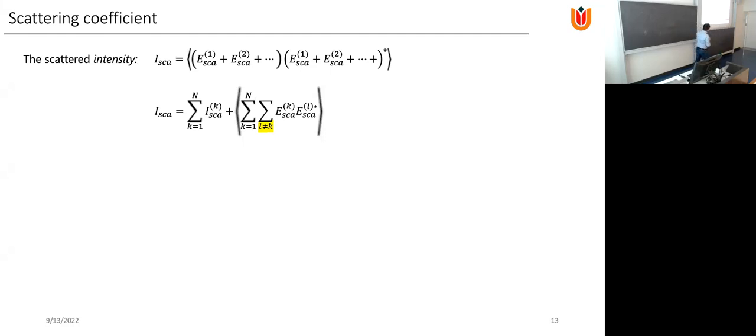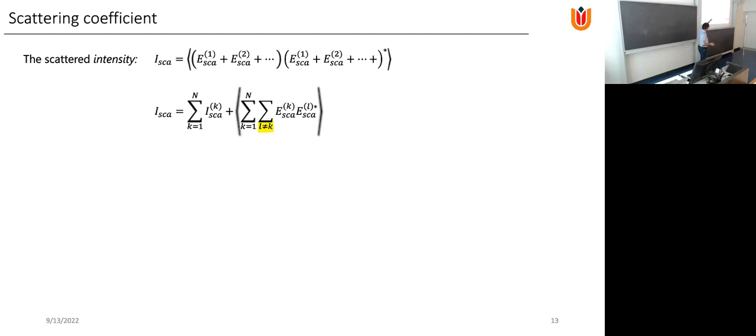So the first series of terms will be just the scattered intensities by the individual particles. Then, just like in the example of the two particles, we get a series of terms where the field of one particle is multiplied with the exponential of the field of another particle.